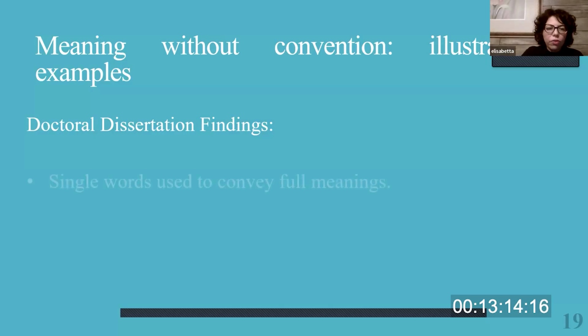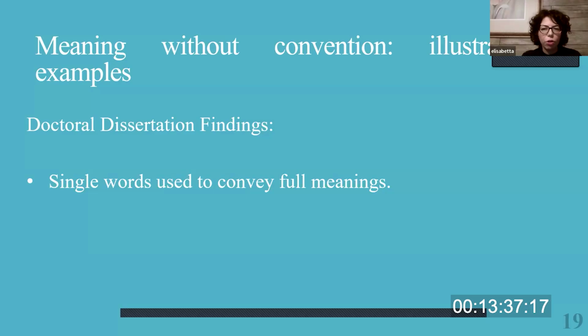And what I found out is that many autistic people had the tendency to use single words to convey full meanings. For example, 2 or 3 guys used the term mom in order to convey a full sentence.